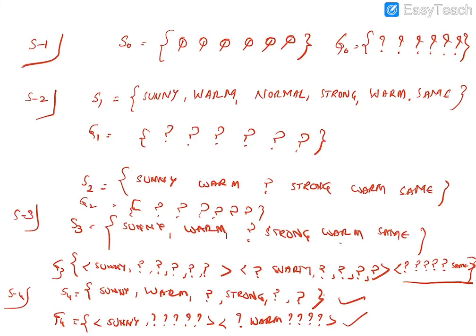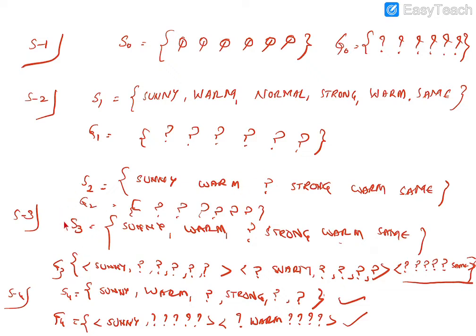Based on that concept, we initialize S0 and G0. That is the first thing. And second, the first record is positive, so we change the specific, and general. And in the next record there is a change in the third value, so the specific is generalized, and G2 will be the same.